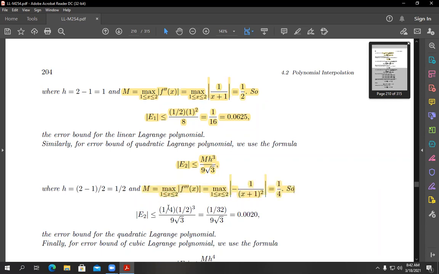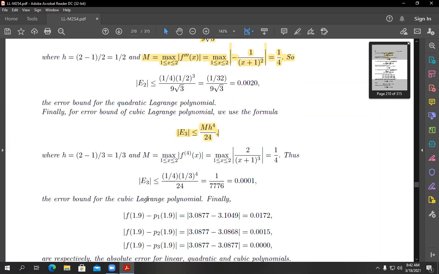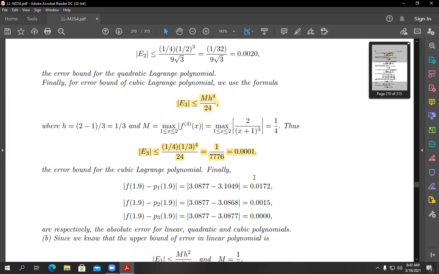The interval is 1 to 2, and then you can have this, and then you can do the same for degree 3, and this is the answer we have. You can easily find the error bound, the maximum value. This is the absolute error for degree 1, degree 2, and degree 3. But as I told you, in the exam, the teacher only gives you one, either degree 2 or 1 for the approximation.